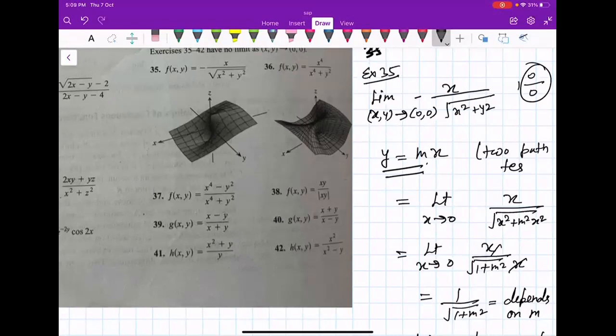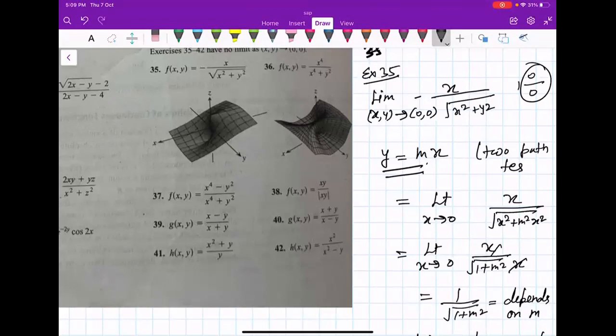So in this particular chapter, you will study only how to show limit does not exist whenever x, y is tending to 0, 0, generally questions 35 to 42. But in the next class, we will discuss how to find limit of the polynomial and other functions, etc. So one more lecture it will take, and then it will be okay. So do all these questions from 35 to 42. And then you can ask questions through WhatsApp if you are facing any problem.